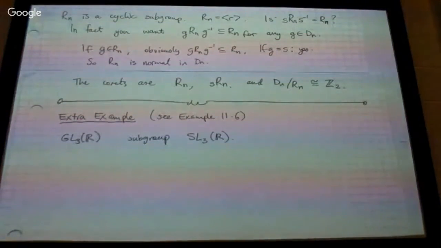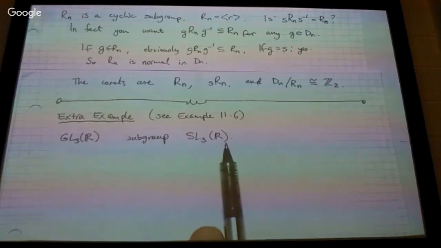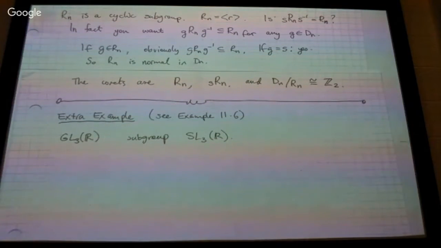Do you remember? Special linear: this is the subgroup of all matrices whose determinant is 1, and these are the non-zero determinant matrices. Zero you can't invert, and therefore when you're multiplying them, you don't want them in the group.